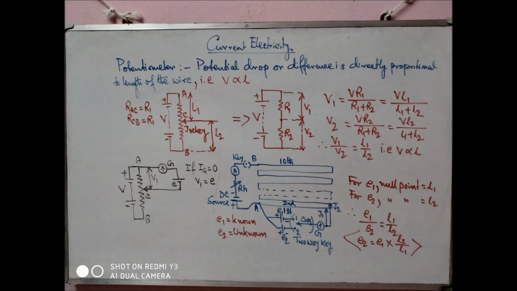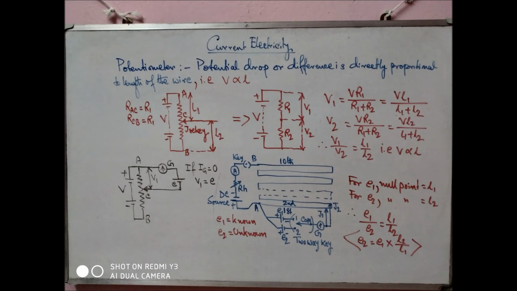That means in a potentiometer also a long wire is used, and the length of this wire is 10 meter. One 10 meter long wire is used. They are not separate wires. A single 10 meter wire is arranged over a wooden block in a zigzag way.